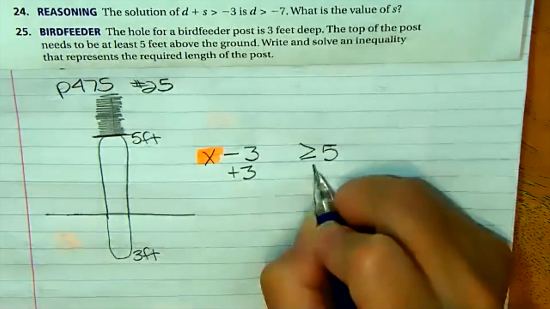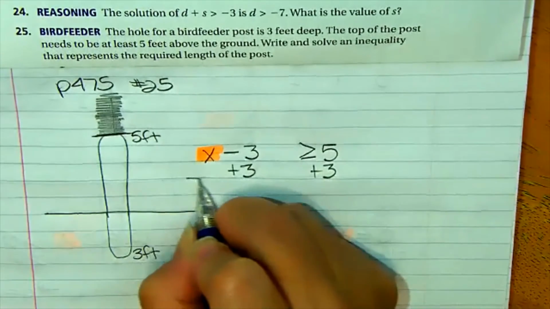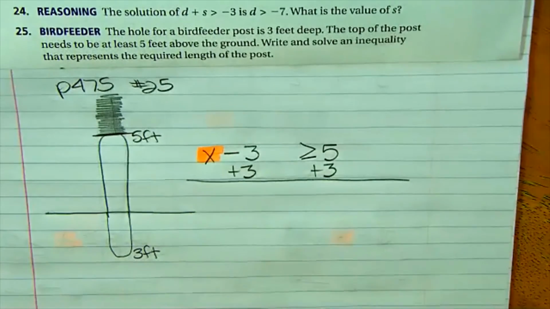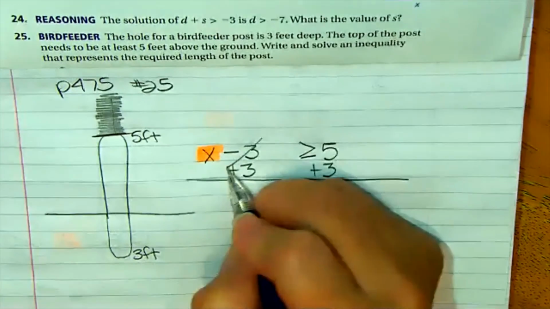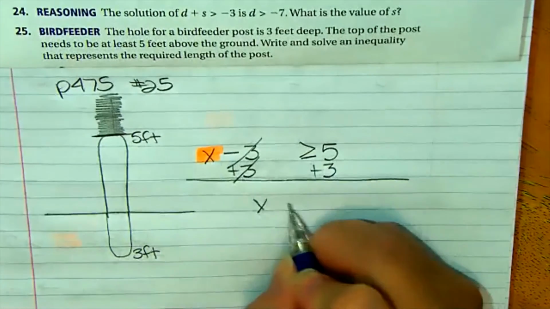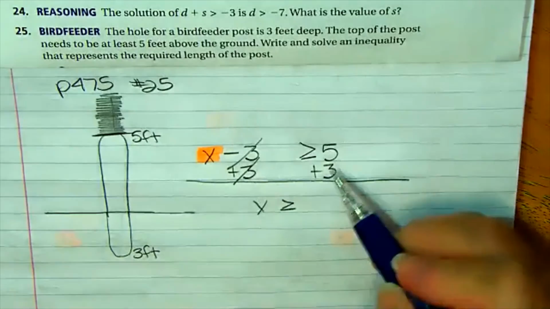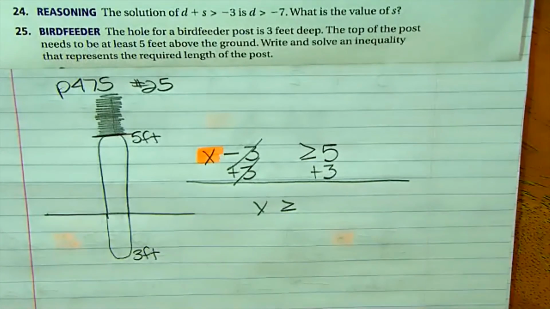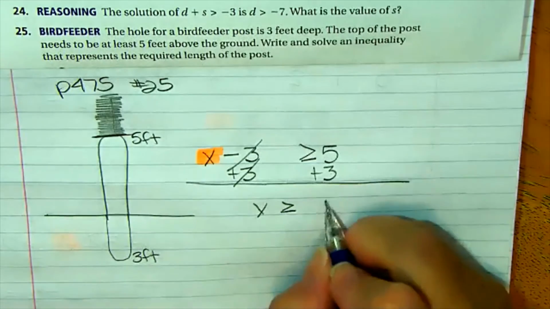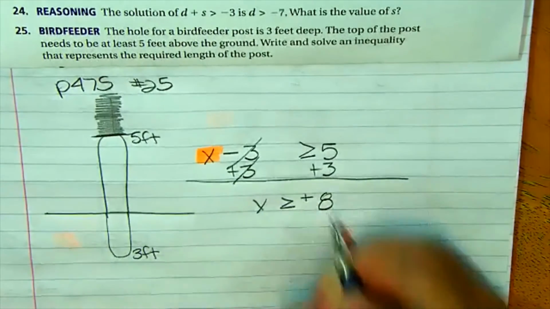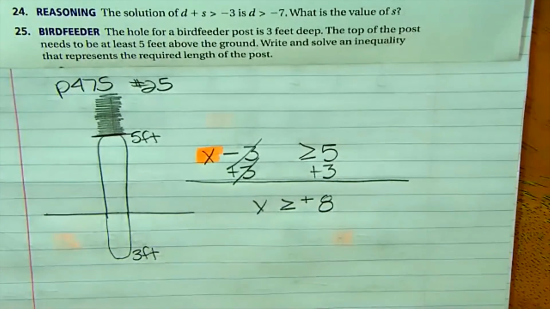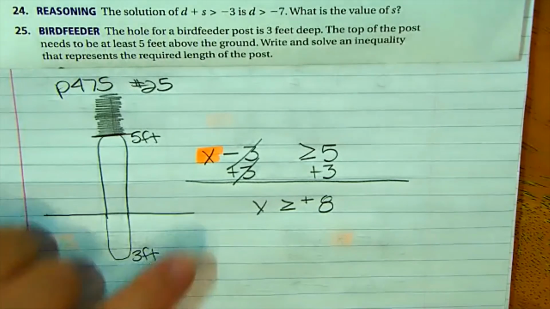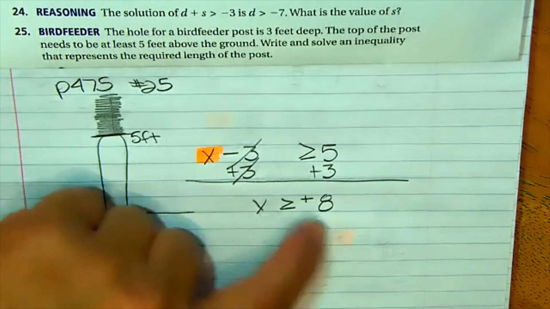What I do to one side, I must do to the other. Okay, these guys cancel, so I'm left with X is greater than or equal to +5, +3. Positive pirates like to combine forces, so I'm going to add them and keep my sign. So my solution set is X is greater than or equal to 8.